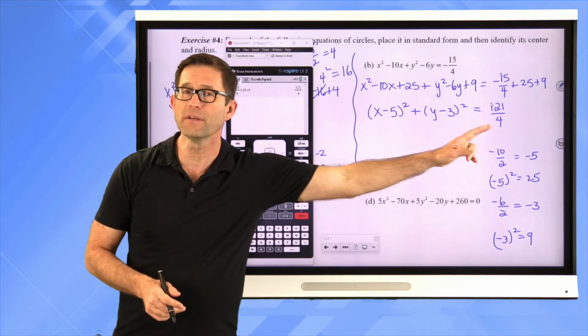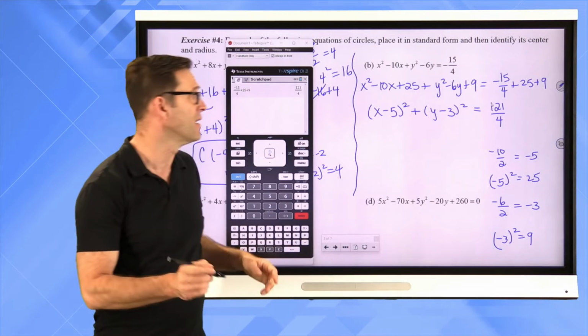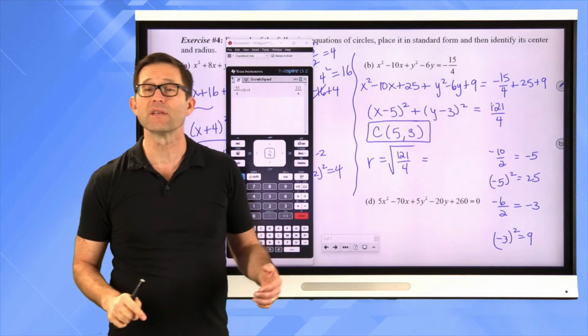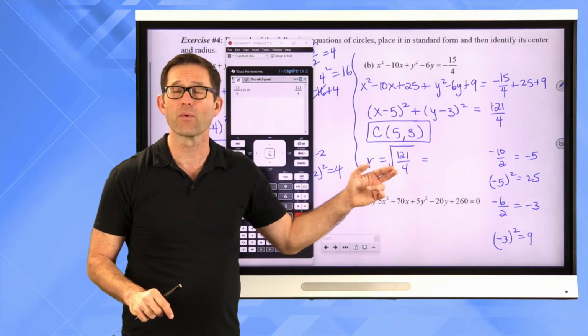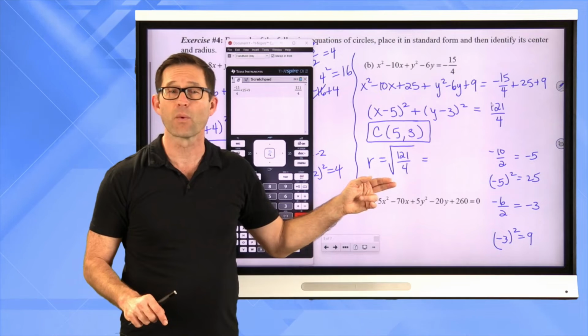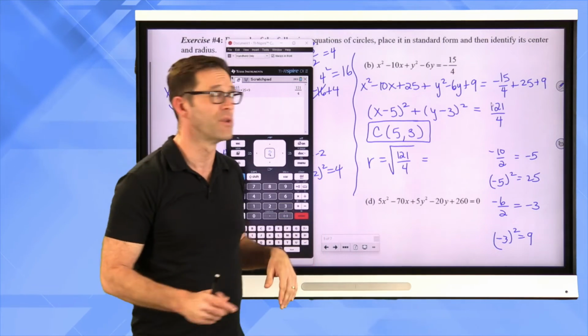I know that looks a little bit scary, but we'll get to it in just a second. The center is still easy, right? The center is 5, 3, no problem. And the radius is equal to the square root of 121 fourths. Now again, one thing that's nice about square roots is that if you're taking the square root of a fraction, you can take the square root of the numerator, which would be 11, and the square root of the denominator, which would be equal to 2.